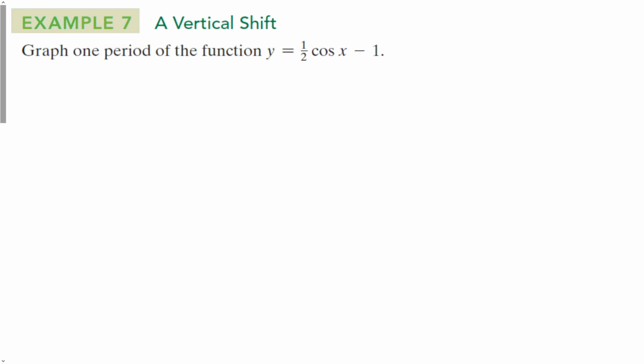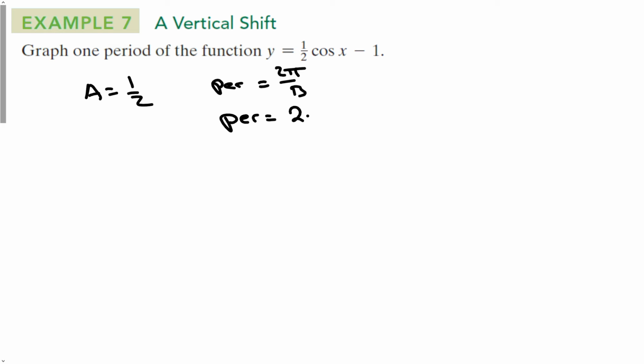Okay, so when you're graphing any function, without any of the steps listed below, here's what I want you to do. I want you to start with the amplitude. That's 1/2. Then the period is 2 pi over b. Well, b is 1, so that's great.